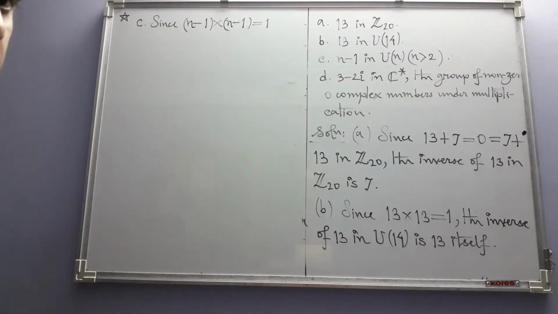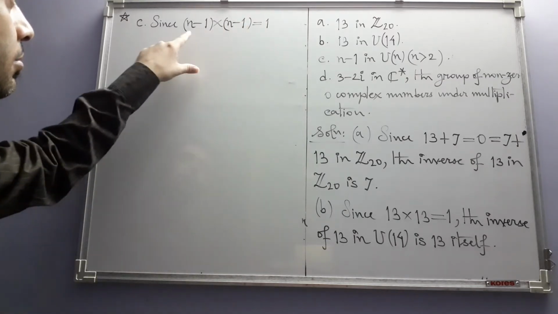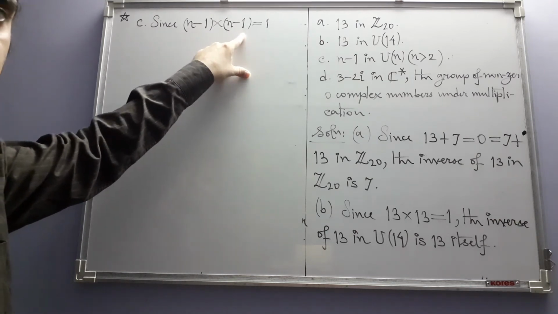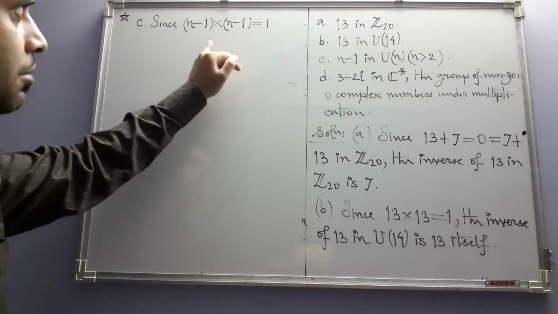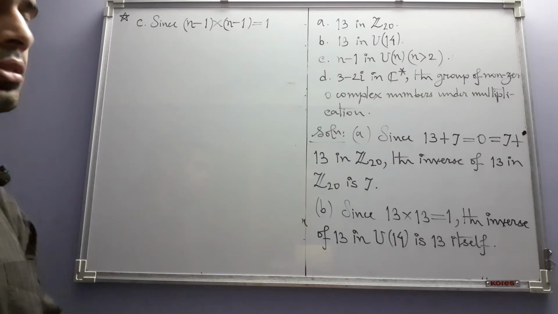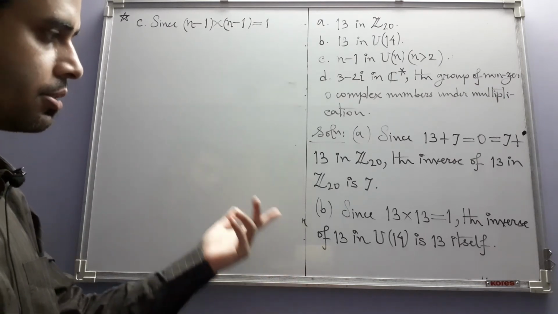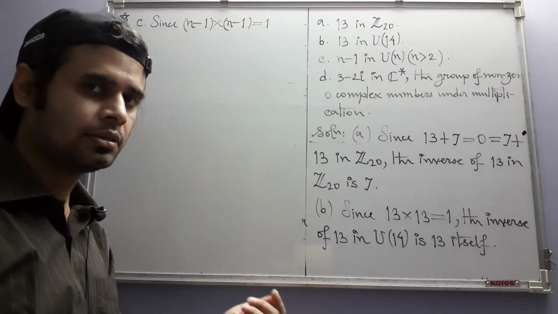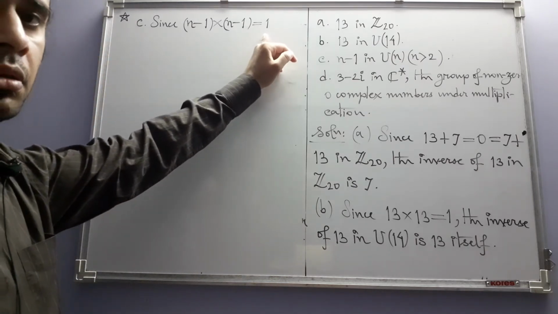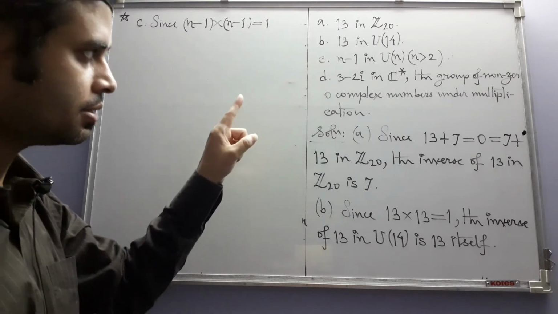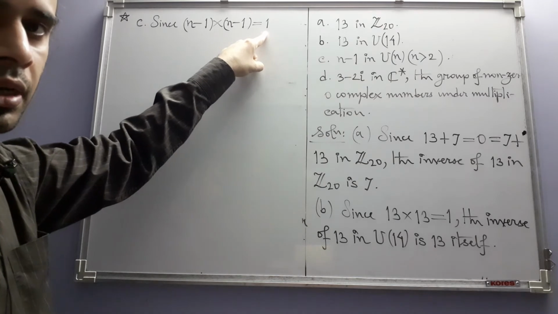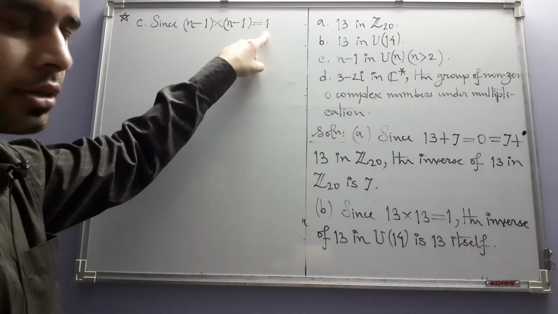By the way, do you see why this is 1? If you actually calculate this product, what do you get? n square minus 2n plus 1. That n square minus 2n is equivalent to 0, because if you divide that part by n, it's fully divisible, and so you are left with 1. And since it is given that n is greater than 2, this 1 will be a remainder because it's less than the divisor n.